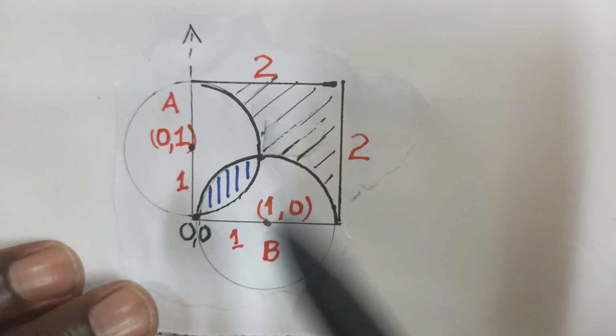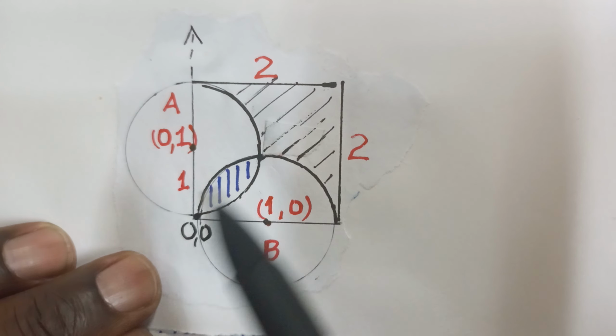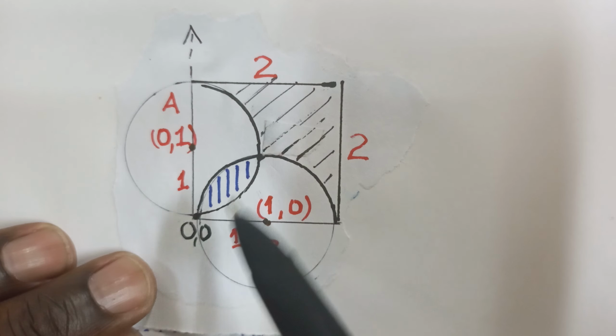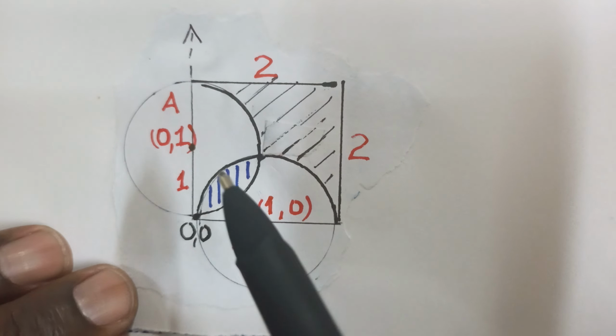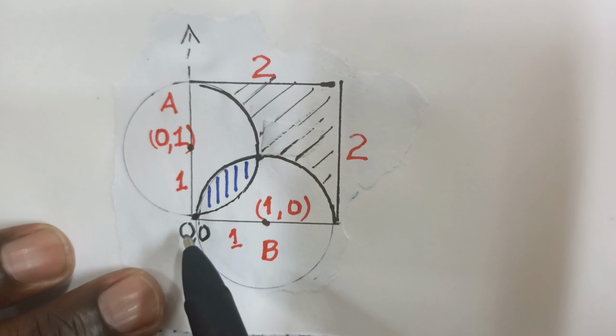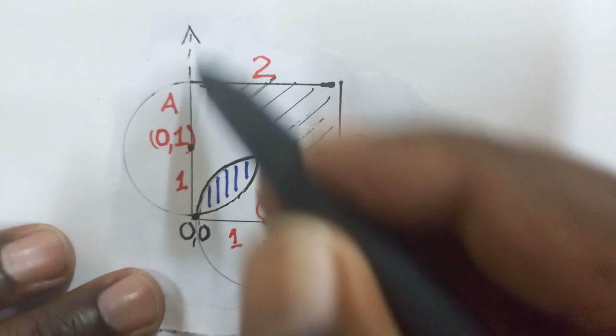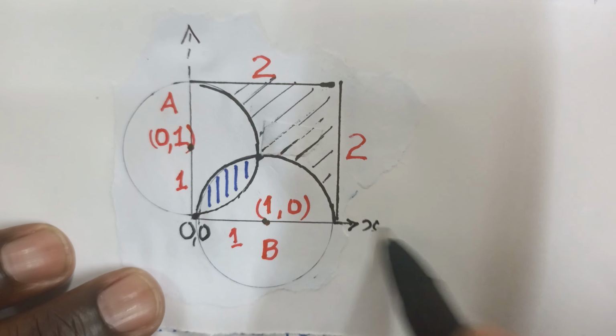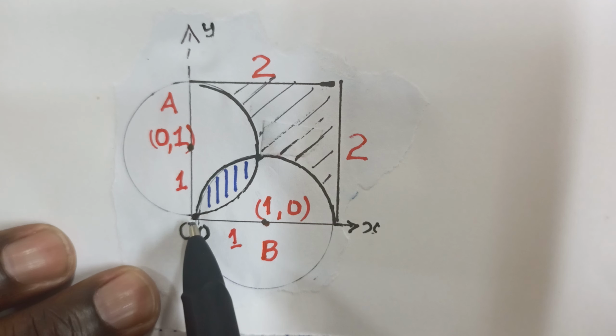So guys, I have already drawn this sketch right here, whereby I have completed both of the circles. And now guys, we have drawn the x and the y axis. This is the x axis on this side and the y axis on this side, and this is our origin.